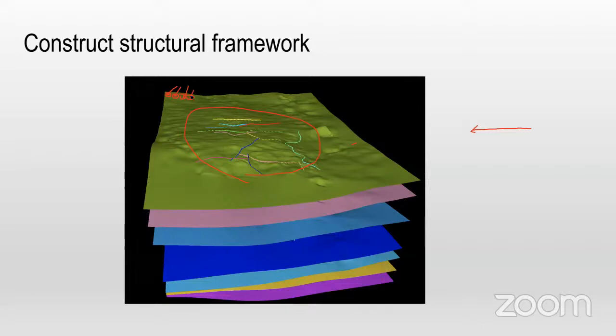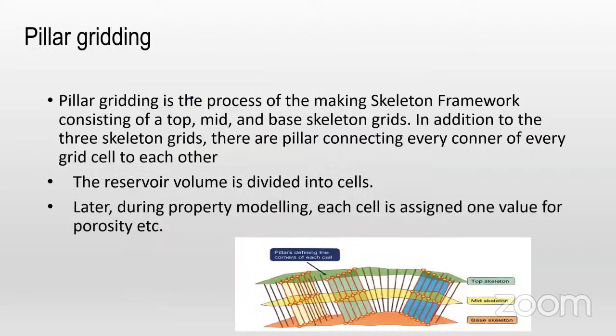After that, you divide those into grids or cells, and you assign the numbers, based on porosity and permeability, and populate the reservoir quality.